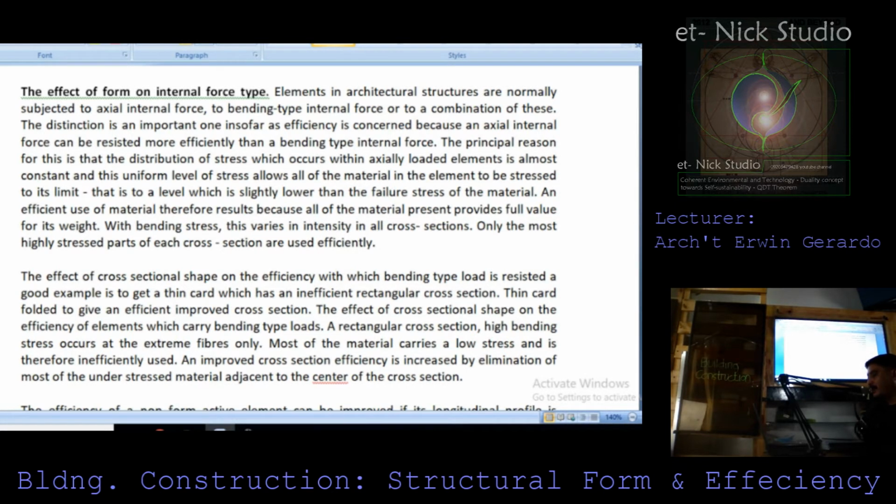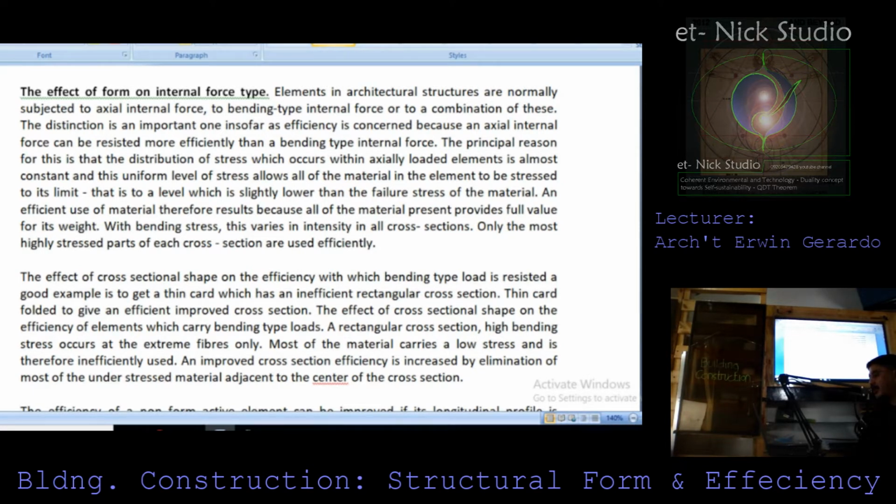The principal reason for this is that the distribution of stress which occurs within axially loaded elements is almost constant, and this uniform level of stress allows all of the material in the elements to be stressed to its limit, that is, to a level which is slightly lower than the failure stress of the material.